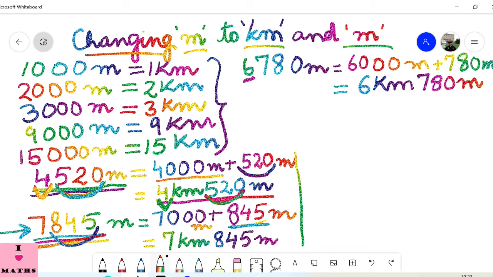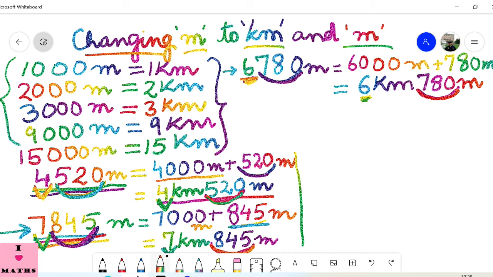The number formed by the last 3 digits is the meter part, and whatever is remaining is the kilometer part. So 7 kilometers 845 meters. Look at this example also. The number formed by the last 3 digits is the meter part, and whatever is left is the kilometer part.